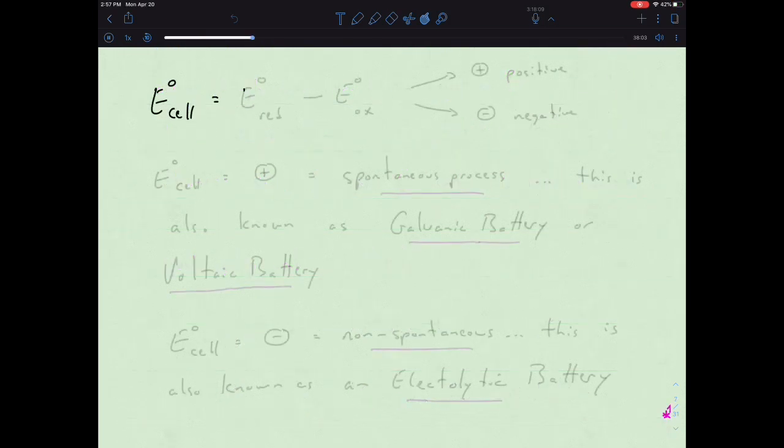Plugging those two half reaction potentials into the equation, we can obviously get two different values. We can get something that is positive, or we can get something that is negative.